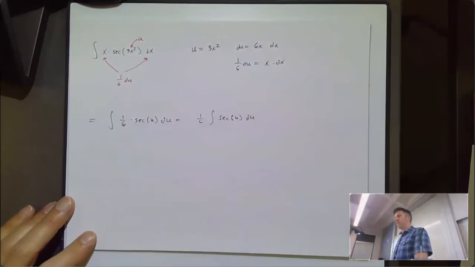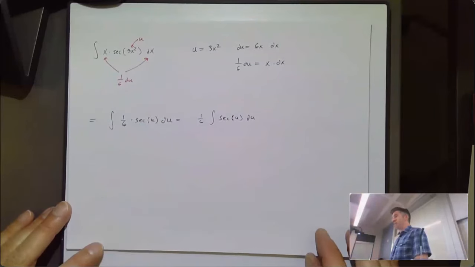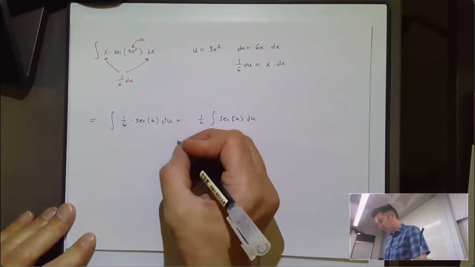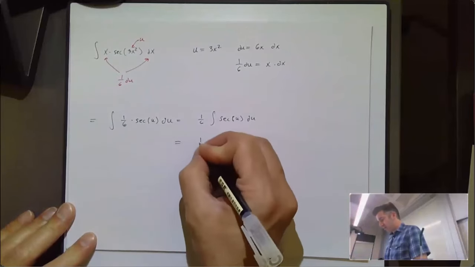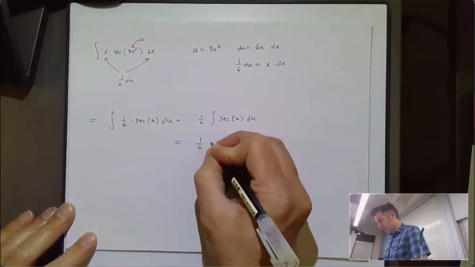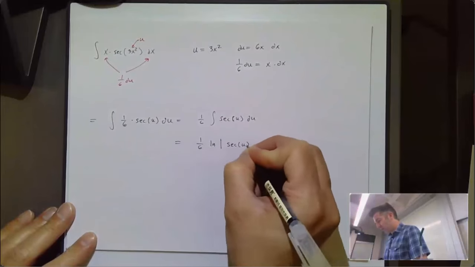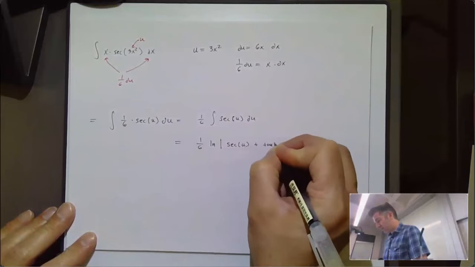I'm not sure if we've talked about the integral of secant in this class though. If you haven't, that's okay. You're probably not responsible for it. I will tell you, it is something that people memorize. The integral of secant of u is the natural log of the absolute value of secant of u plus tangent of u.